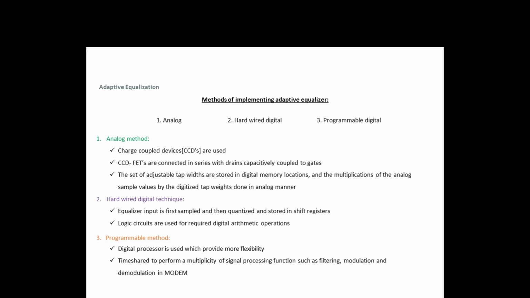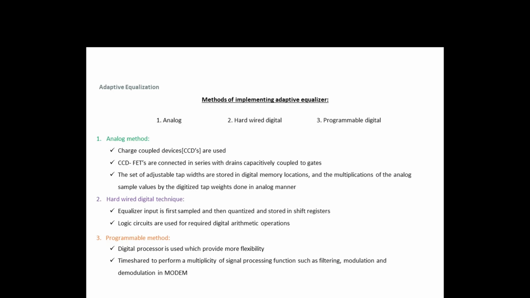CCD FETs are connected in series with the drains capacitively coupled to gates. The set of adjustable tap weights are stored in digital memory locations, and the multiplication of the analog sample values by the digitized tap weights is done in an analog manner.